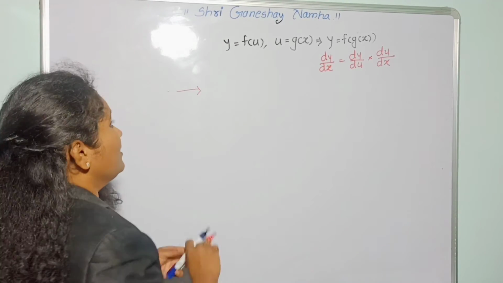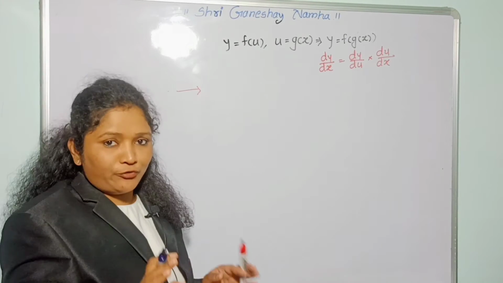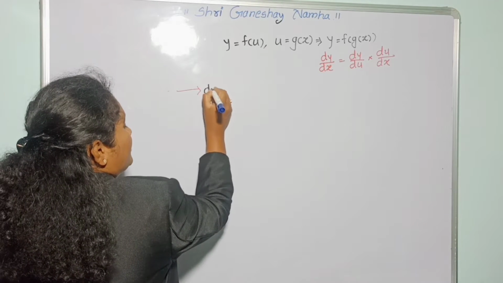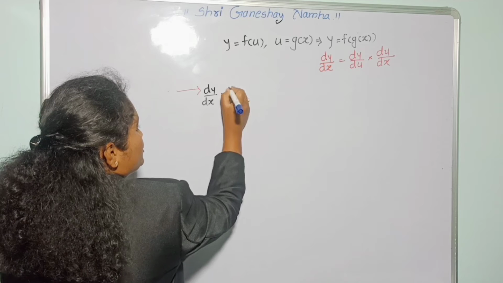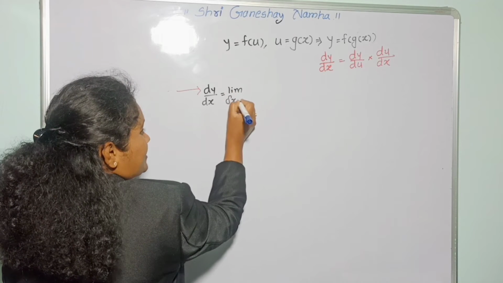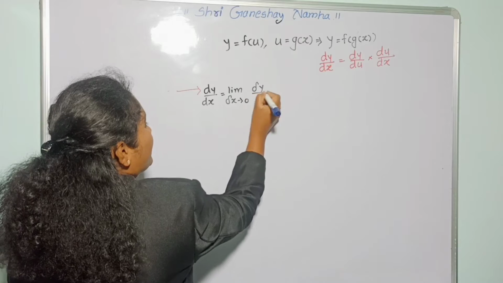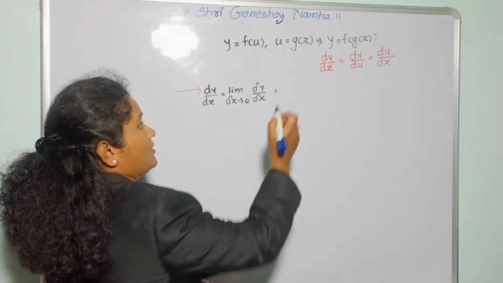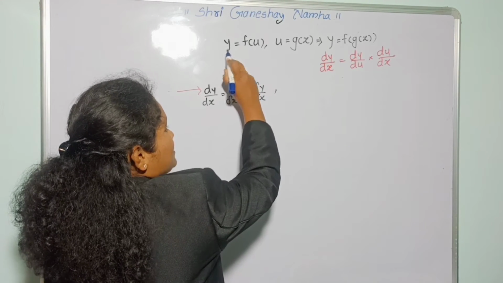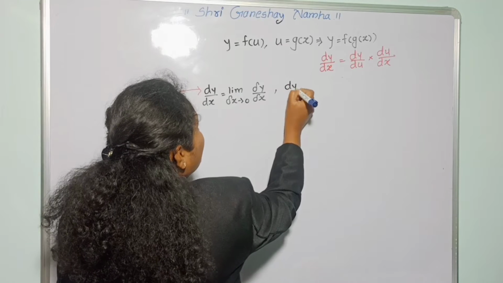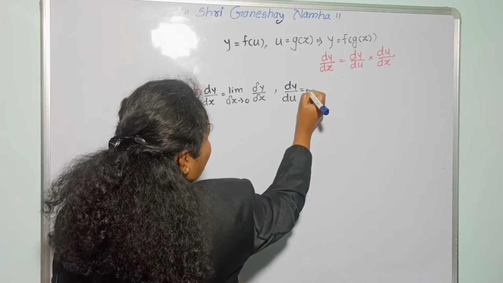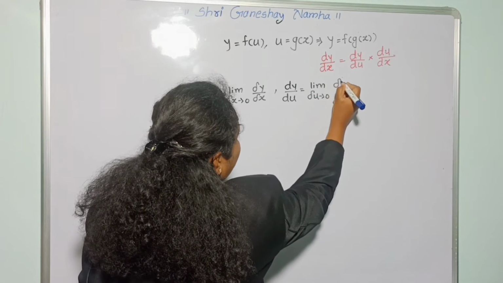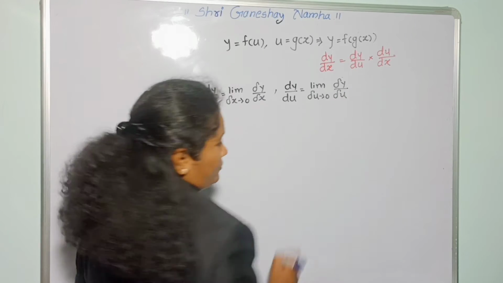If y is a differentiable function of u, then by the definition of differentiation, we can write dy upon dx equals limit delta x tends to 0 of delta y upon delta x. Again, y is a differentiable function of u, meaning dy upon du equals limit delta u tends to 0 of delta y upon delta u.